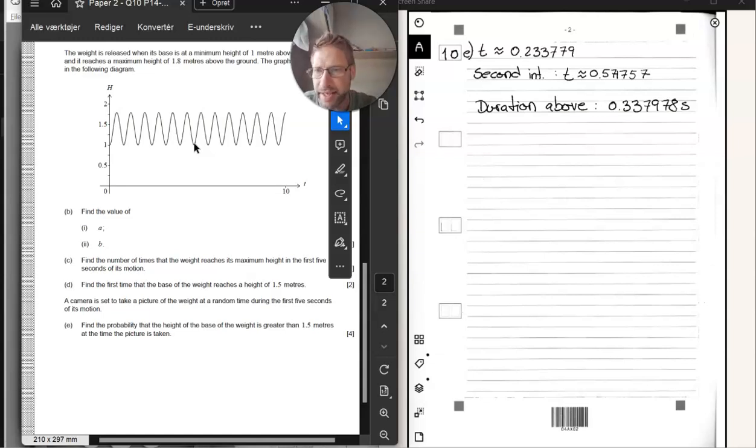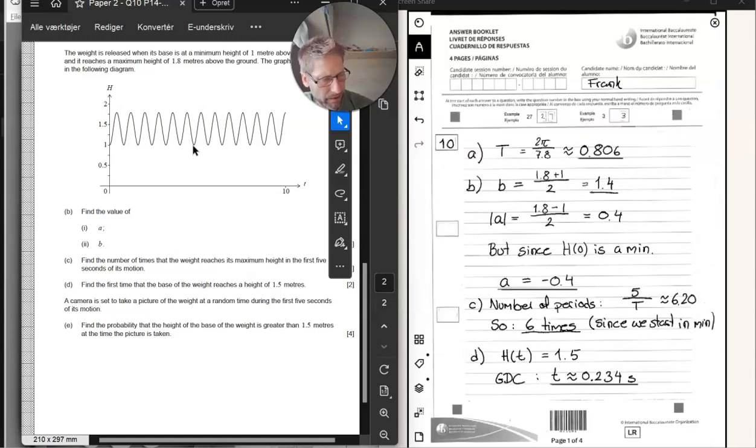But as we answered in question C, we go a little bit more. And then you'll have to worry if this little bit more that we go to the right actually gives us a little bit more time above 1.5 meters. But it doesn't, because if you remember, we were having 6.2 periods, so less than 6.25.